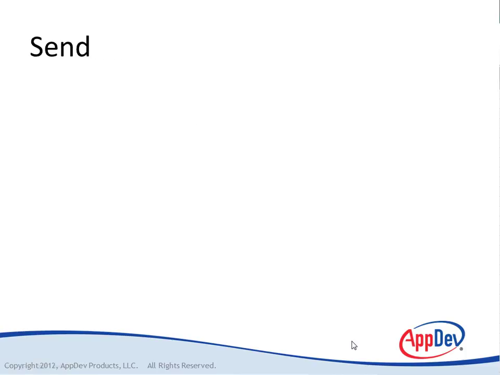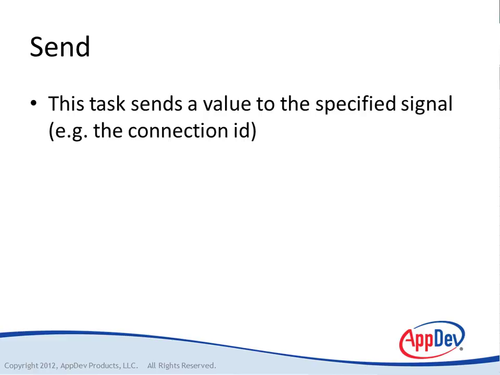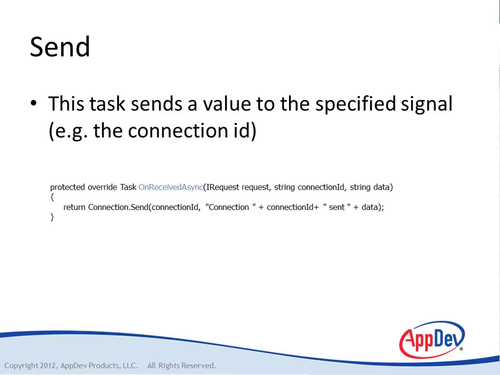The next task we'll be looking at is the send task of the iConnection API. This task sends a value to the specified signal, or that is, the connection ID that is being passed to it. Here's an example. Here we have the task onReceivedAsync that is getting values such as request, connection ID, and data being passed to it.